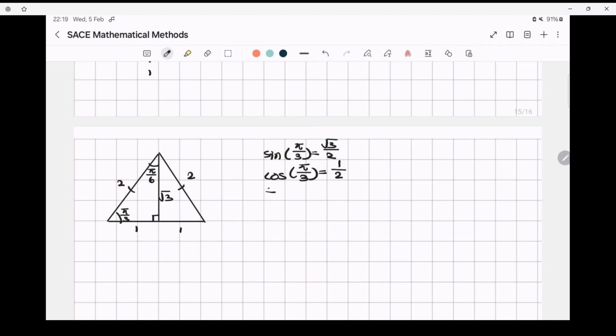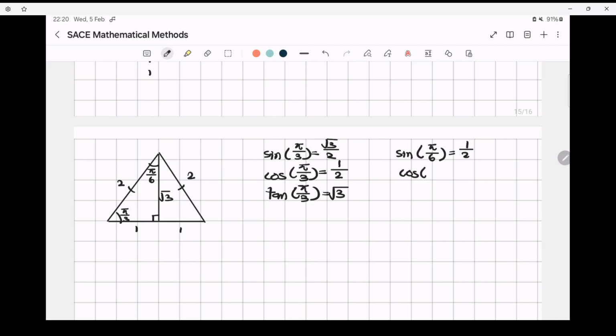And then tangent of pi over 3 will be square root 3. So sine pi over 6 will be 1 over 2.